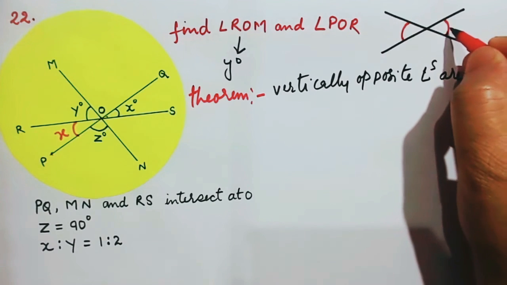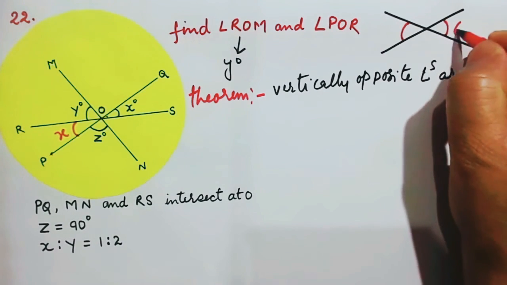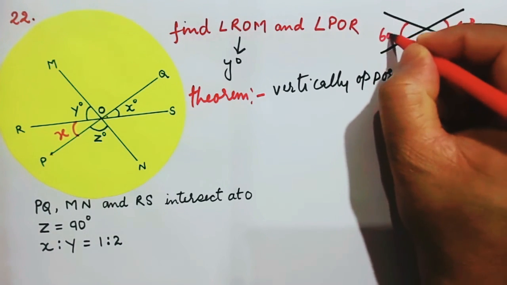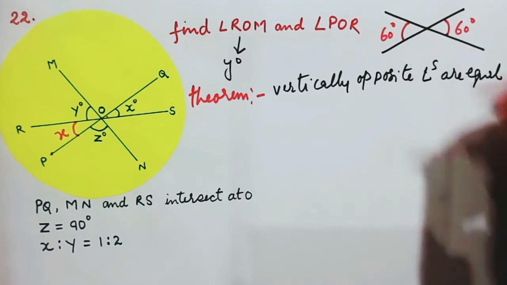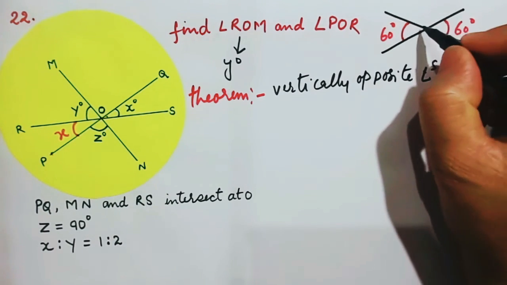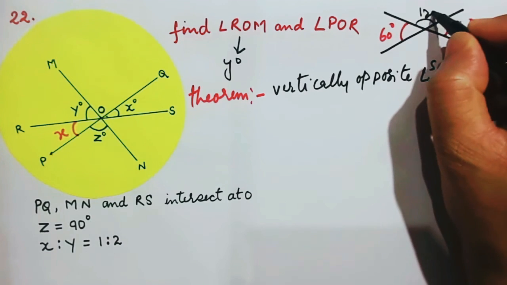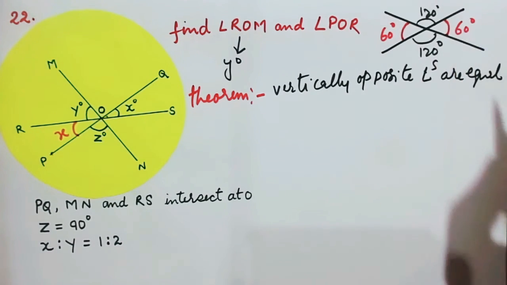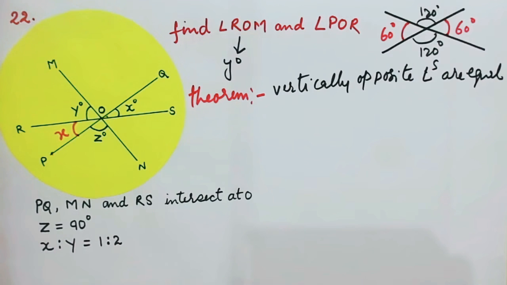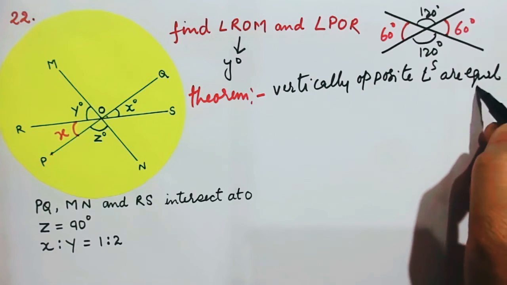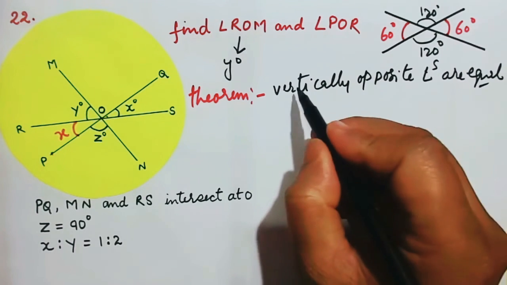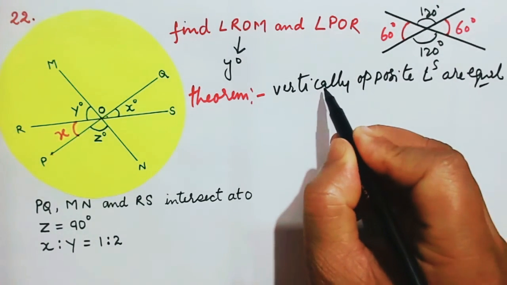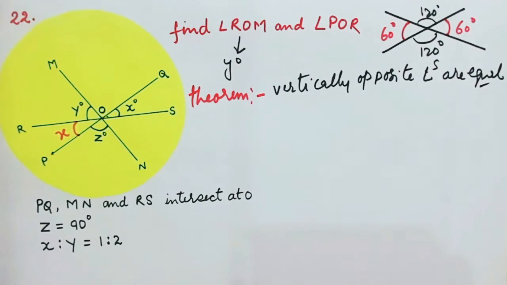So if this is 60 degree, this will also be equal to 60, and if this is 120 degree, then this will also be equal to 120 degree, which means that vertically opposite angles are equal. Now this is the theorem which we shall be applying over here.